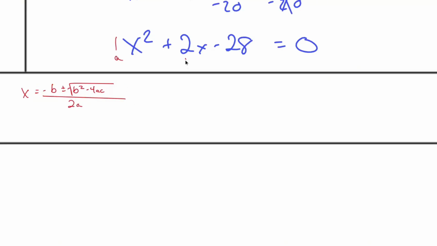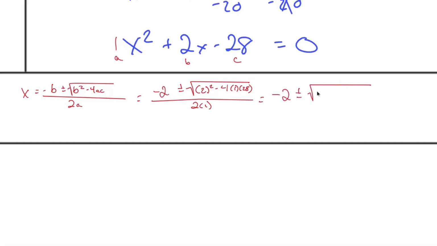A would be invisible 1, B would be 2, C would be negative 28. All right, so that's going to be negative 2 plus or minus the square root of 2 squared minus 4 times 1, thank God, times 28, all over 2 times 1. So that's going to be negative 2 plus or minus the square root of 4.